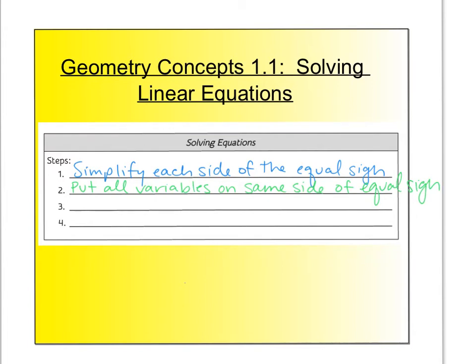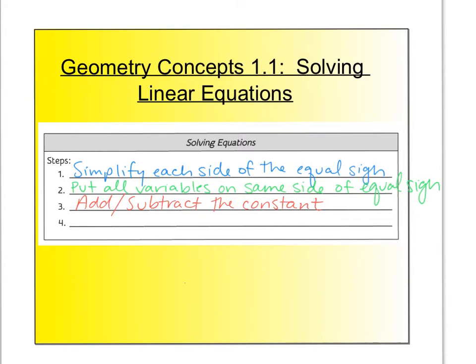All right, then your next step is going to be to add or subtract or cancel out the constant. So basically you want to add or subtract the constant or the number if there is one. It's a lone number basically.